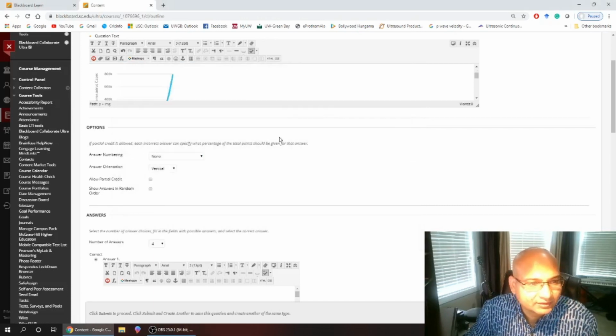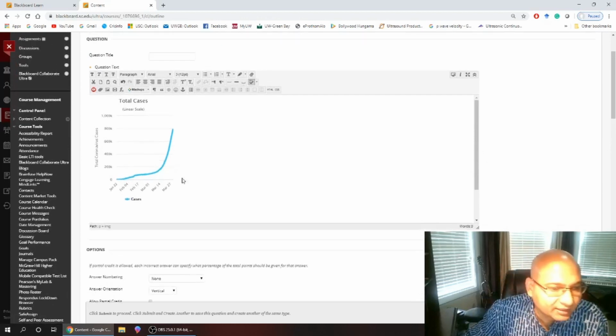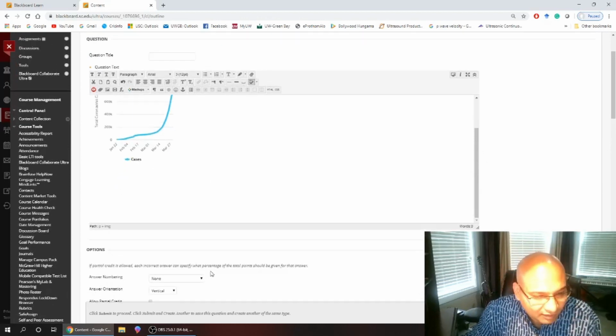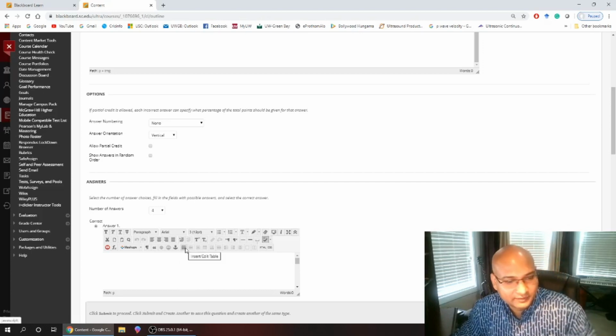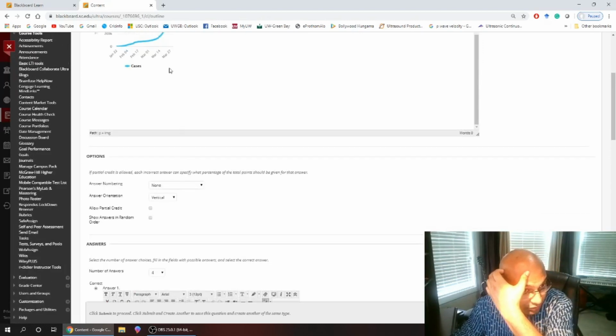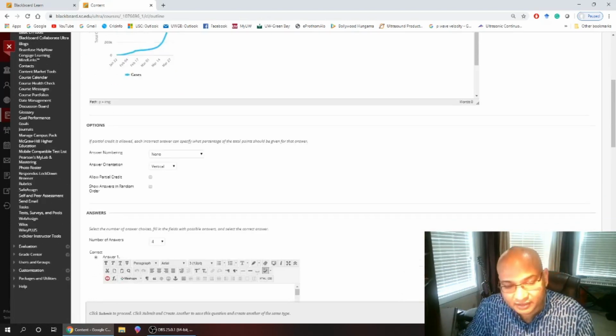This graph shows the growth profile of coronavirus cases, and based on this curve you can ask some questions or give some correct or wrong answers. So it is also possible to insert figures and images that are relevant to the particular question.